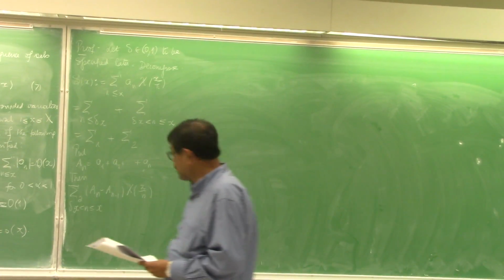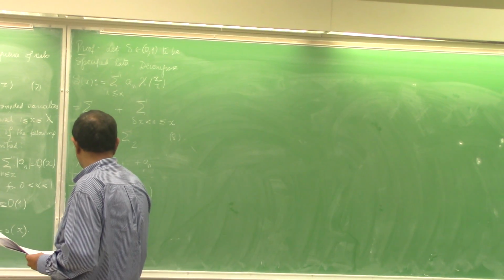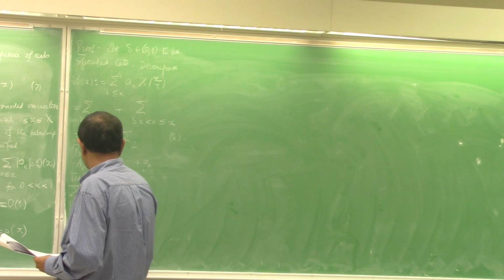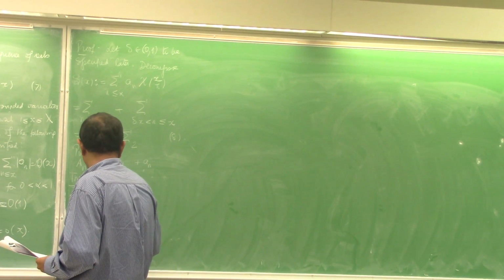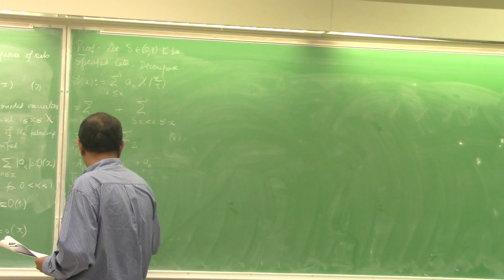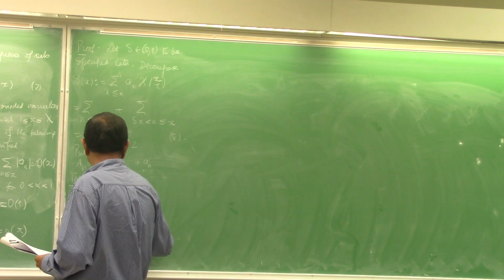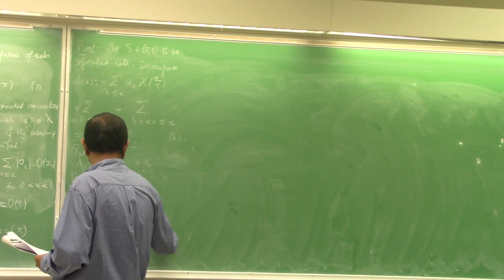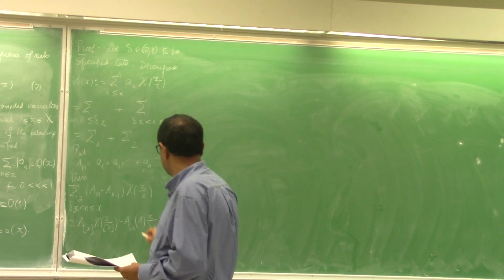So this just becomes A of the integral part of x, chi of x over, these are just the endpoints. Maybe I should put the integral part here.